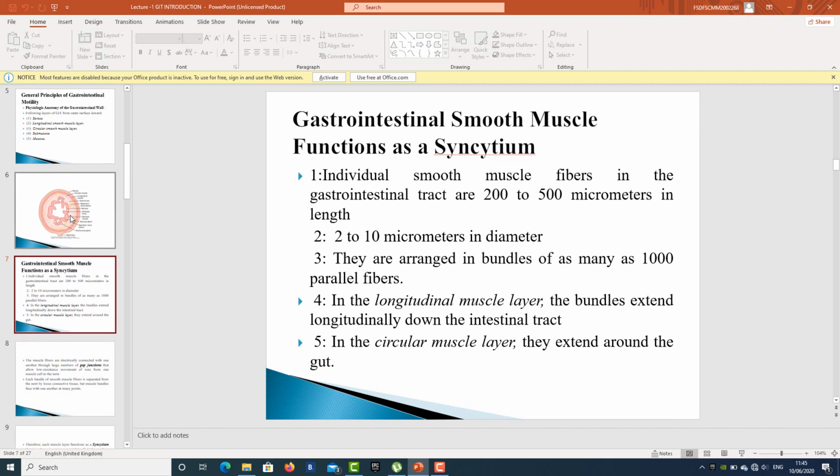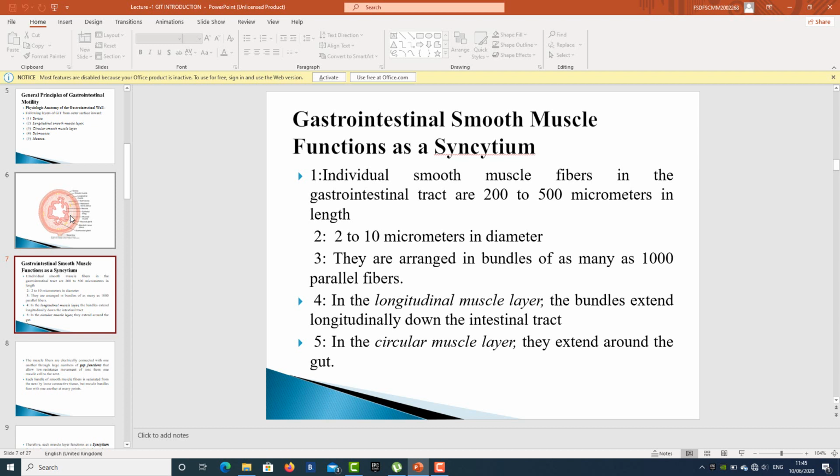Now, always remember that the gut, the gastrointestinal smooth muscle, functions as a syncytium, as a one motor unit. So, individual smooth muscle fibers in the gastrointestinal tract are 200 to 500 micrometers in length.